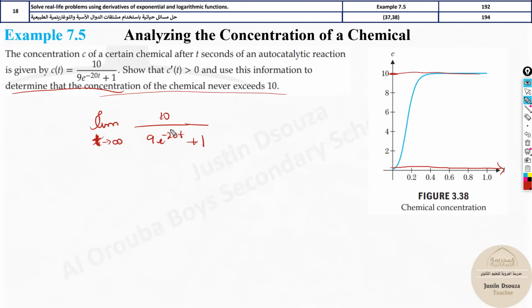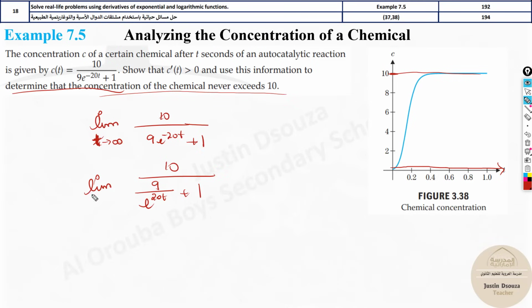Now let me solve this. You can use your calculator, but how would you simplify this? Substitute infinity; you can even directly substitute. Why? Because e to the power minus 20t, rearranged, becomes 10 divided by 9 divided by e to the power 20t, plus 1.